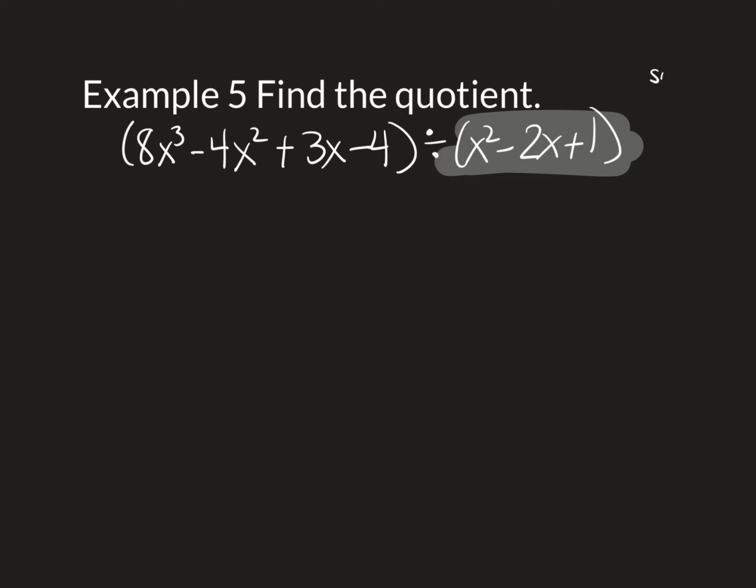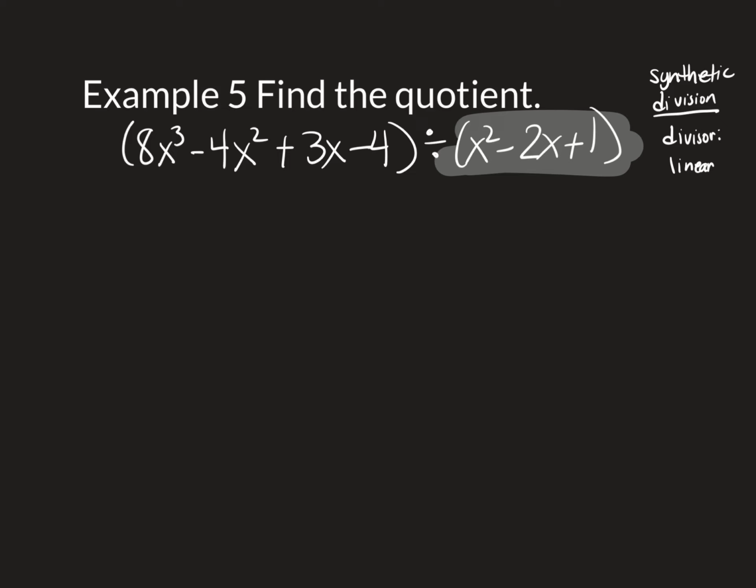And those conditions, if you'll recall, and please do write them down just so that you'll have them again. In order to have the ability to use synthetic division, your divisor must be a linear divisor.